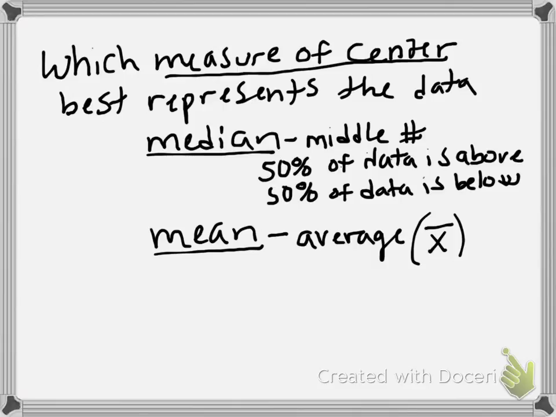And what they'll do is they'll talk about these measures of center and how outliers affect your measures of center. When you're talking about a measure of center, I'm going to change color here a minute.